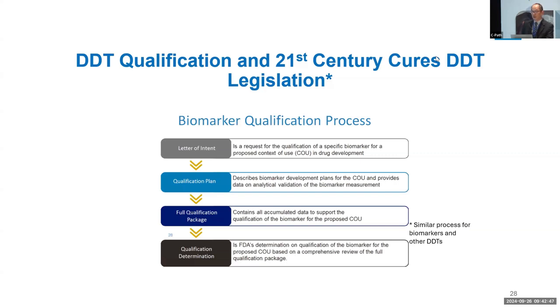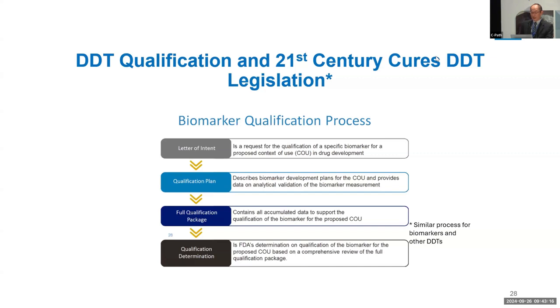We would engage in either a meeting or a written response during the pre-LOI stage. Then formally, we will start from the letter of intent stage. And at this stage, the important aspect is the drug development needs and also context of use. I will describe these two things in more detail in the future slides.